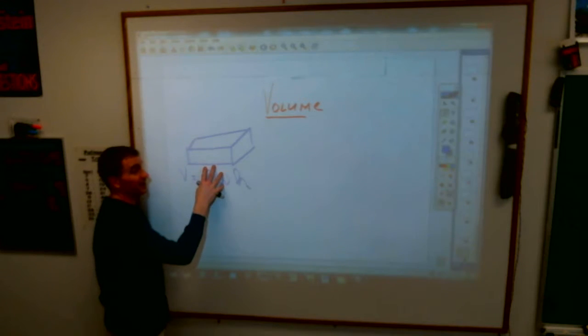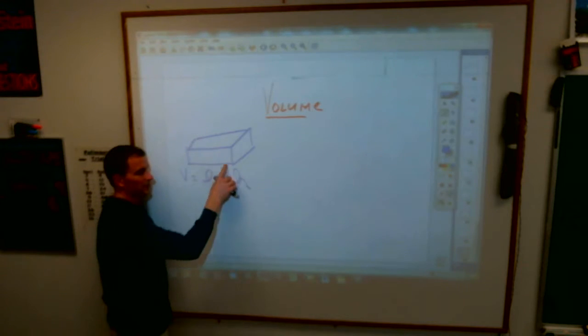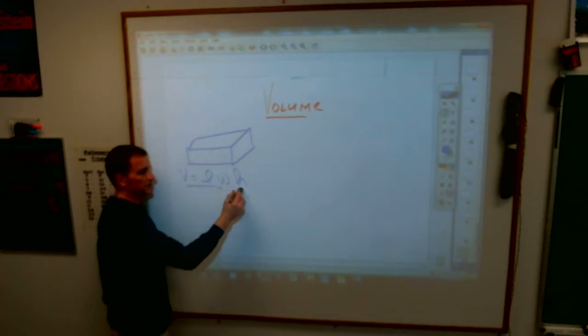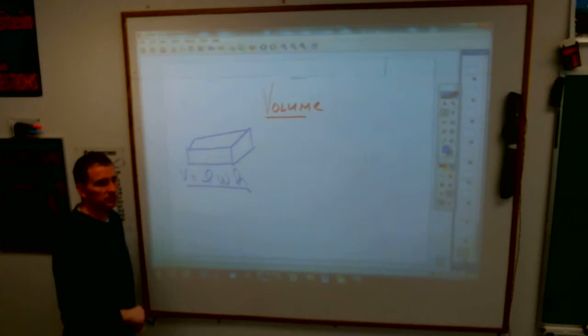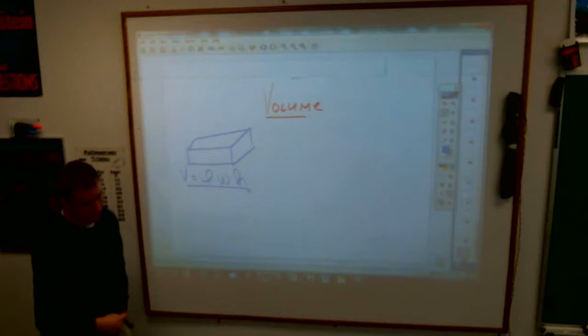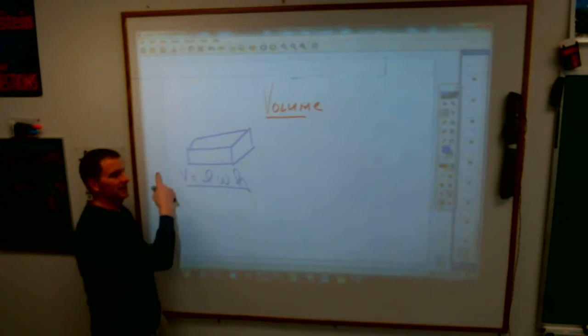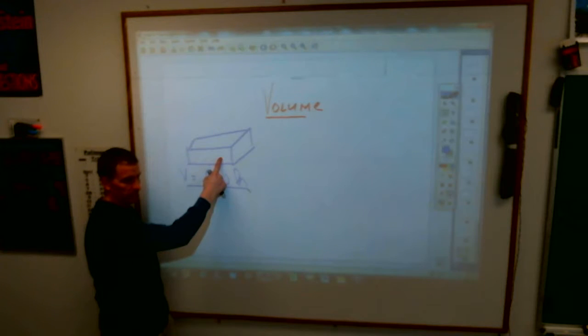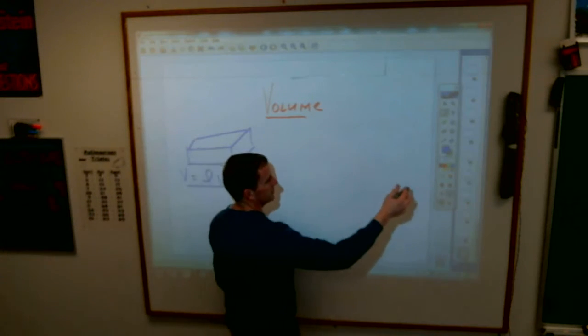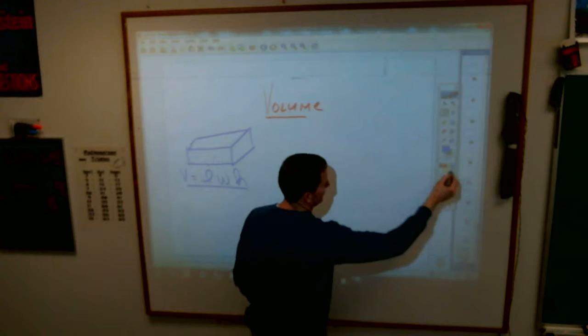Only if it is a box shape that is all made up of rectangles does this little gem work, and feel free to use it as much as you want with that. But we are looking at today, what if my prism is not a rectangular prism? What if it is a triangular prism?